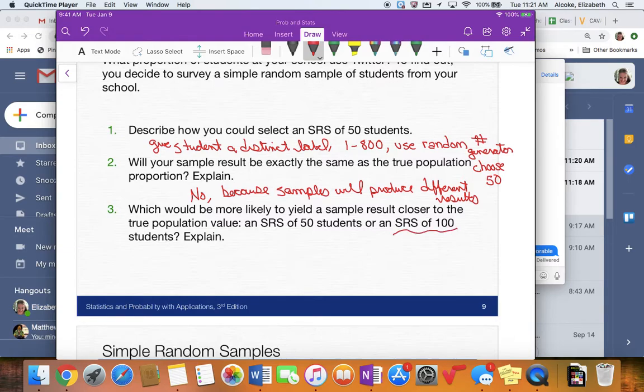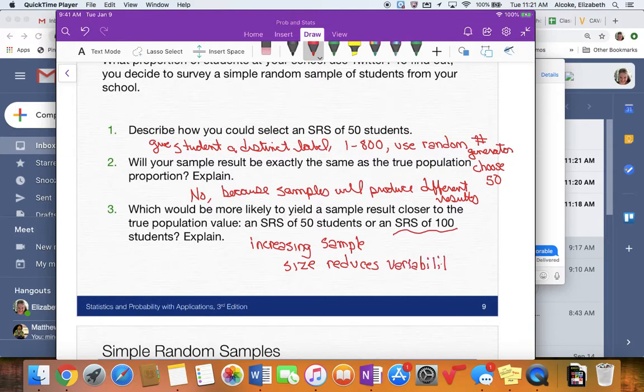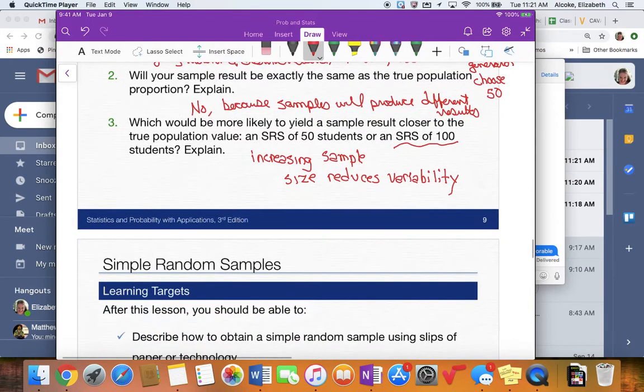Well, the bigger your sample, the better. Like we said before, increasing sample size reduces variability. So you always want a bigger sample if you can have one, that's for sure.